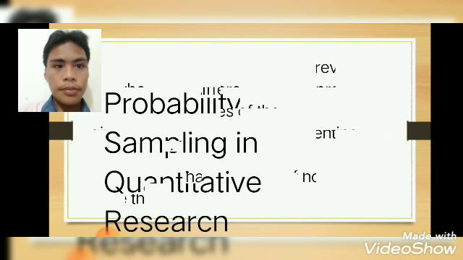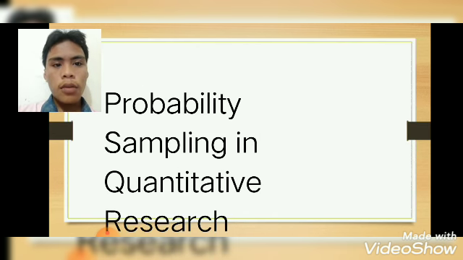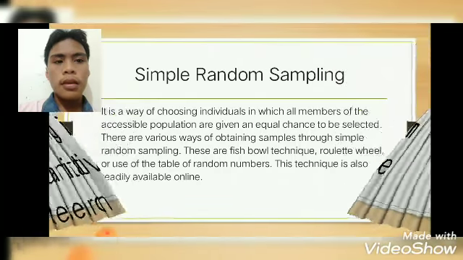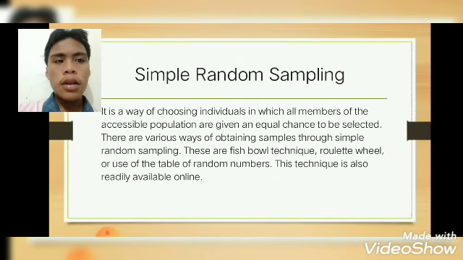Next, probability sampling in quantitative research. Simple random sampling or SRS. It is a way of choosing individuals in which all members of the accessible population are given an equal chance to be selected.